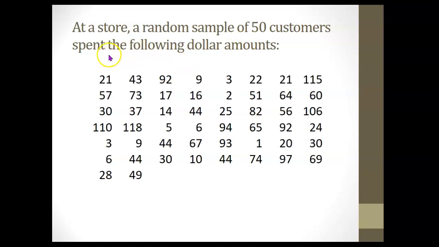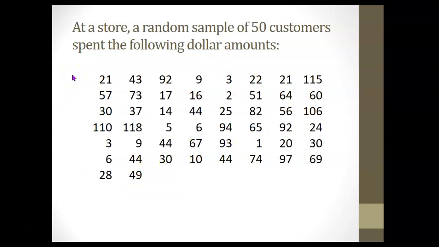Like, for example, if somebody spent $20.93, you'd round that to the nearest whole dollar, which would be 21. So for 50 different customers, you find out how much money they spend. These are their totals rounded to the nearest whole dollar.